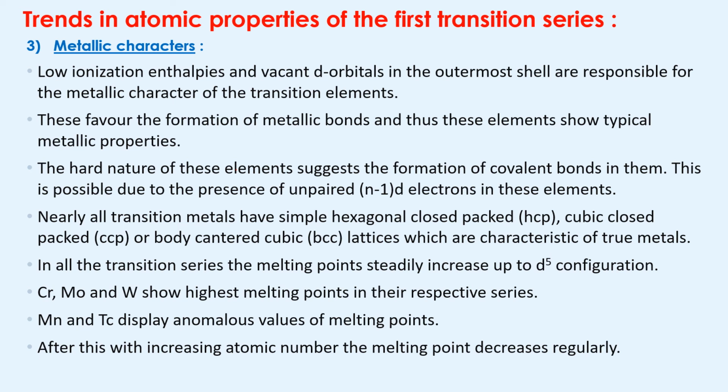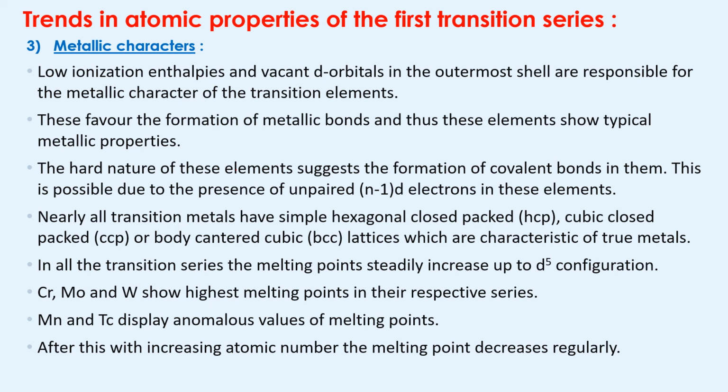For melting point, write that it increases up to d5 and then decreases as the atomic number increases. Chromium, molybdenum and tungsten show the highest melting points, but manganese and technetium show anomalous values.